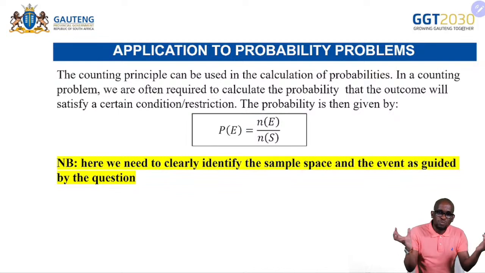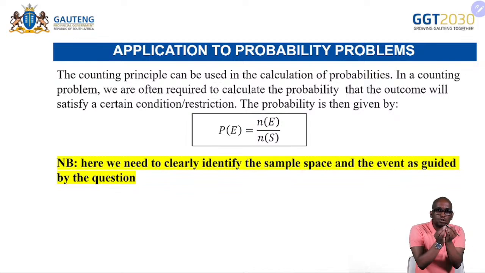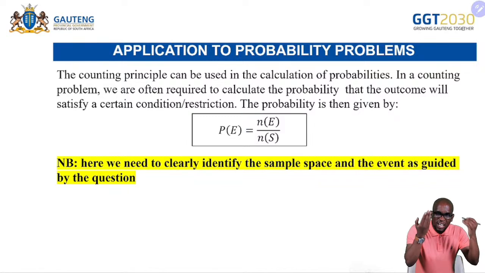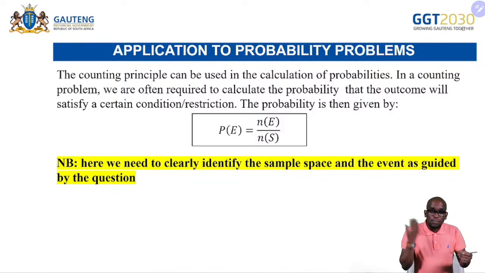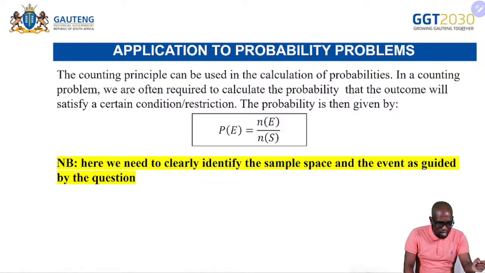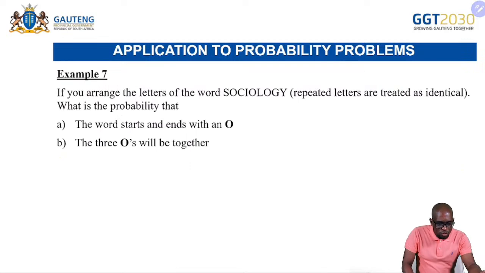But now we want to bring them together in probability, to calculate the probability of an event E occurring. This would be the only example that we're going to do as far as application to probability problems is concerned, because of time constraints.